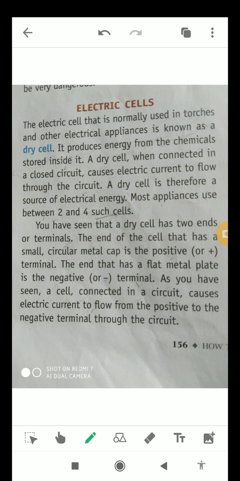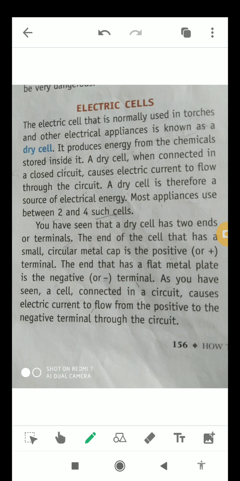As you have seen, a cell connected in a circuit causes electric current to flow from the positive terminal to the negative terminal through the circuit. So the current always flows from the positive terminal to the negative terminal by the circuit.